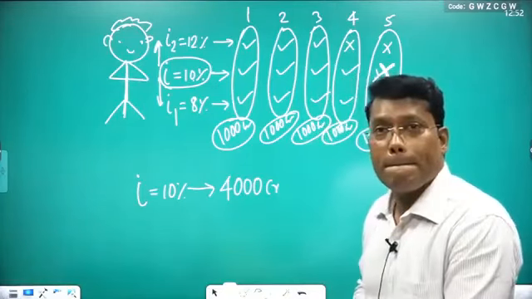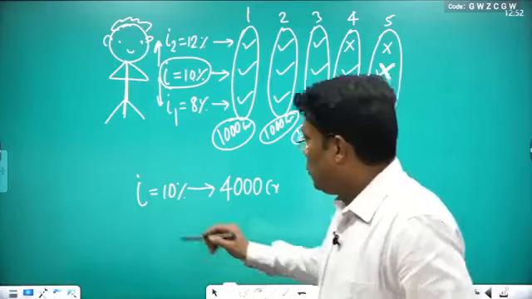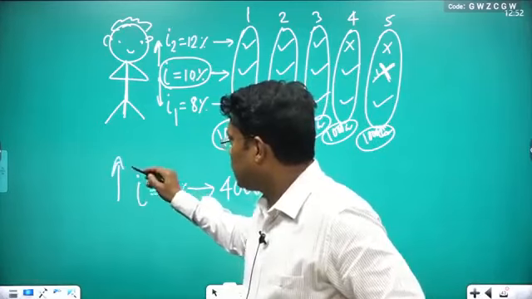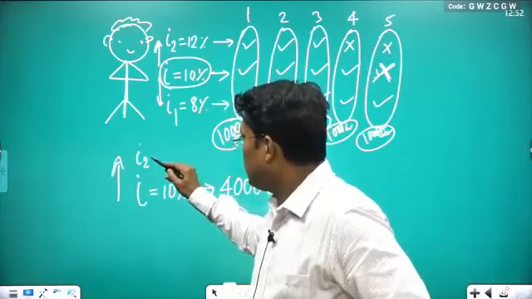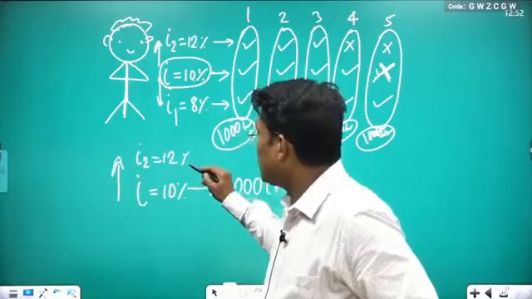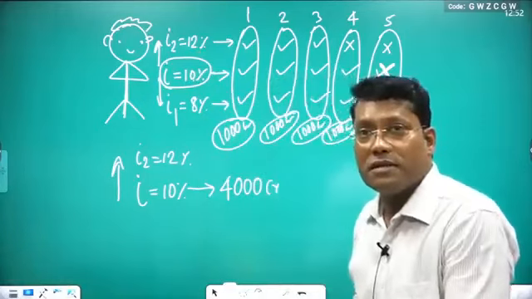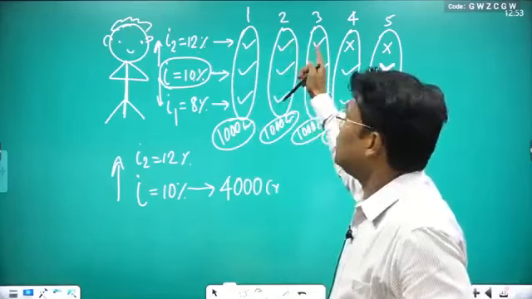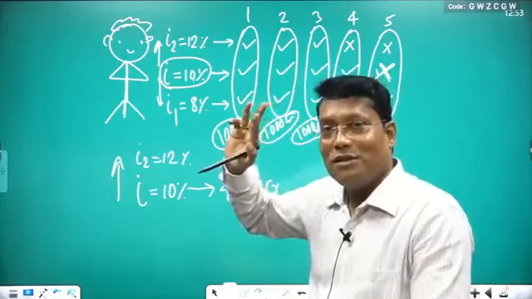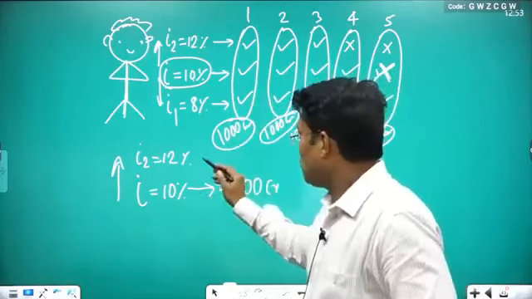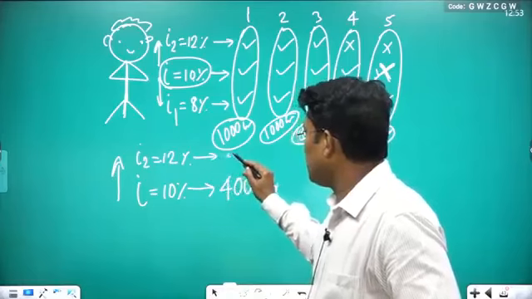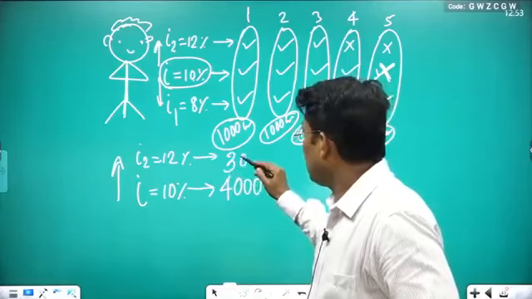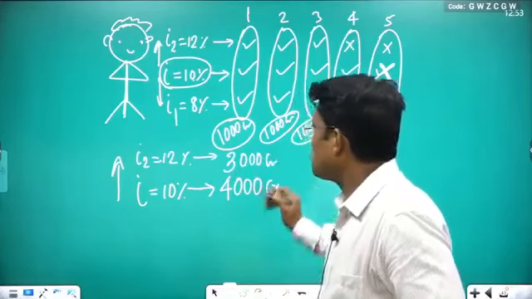When rate of interest increased from I to I2, which is now 12%, you can see 1, 2, 3, only 3 are viable, 2 are not viable. So how much are you going to invest at 12%? Only 3000 crore, because 2 are not viable.